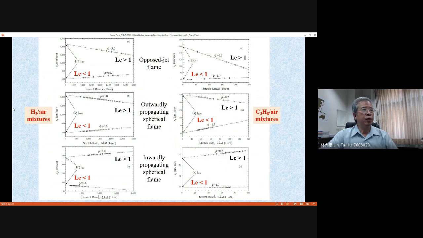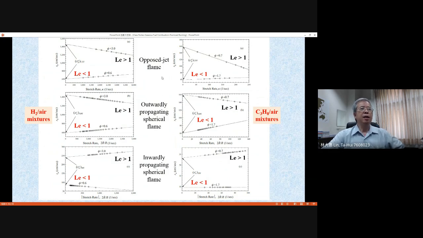You can try to evaluate the Lewis number by yourself. And the right-hand side represents propane air premixtures. They do these kinds of calculations and experiments, and you will find out the results for the opposed flames, the outwardly propagating spherical flame and the inwardly propagating flame for these 3 different cases.